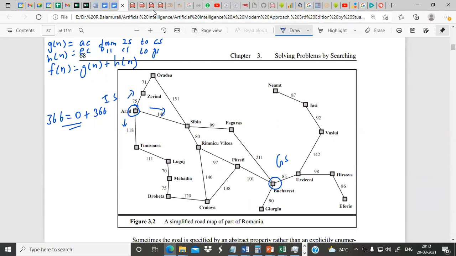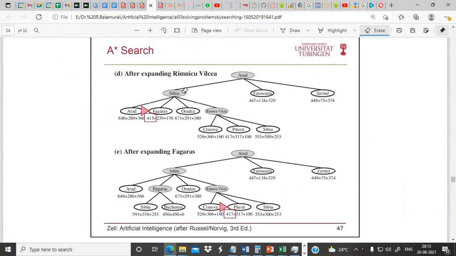But the actual cost of reaching Fagaras is already 239, so we should add 239 plus 211, which is 450.